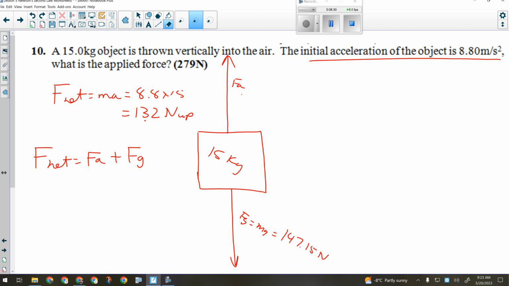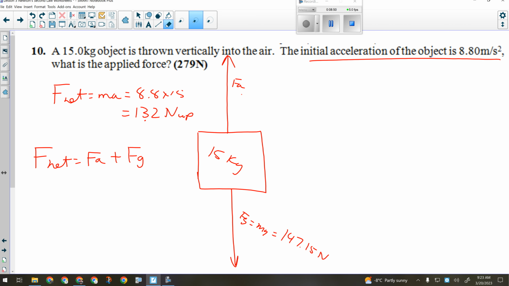If I put 132 here, this object isn't moving upwards, it's moving downwards. So that 132 is the sum of this force I'm being asked to calculate and this one. That means that the force here is 132 newtons bigger than this force.